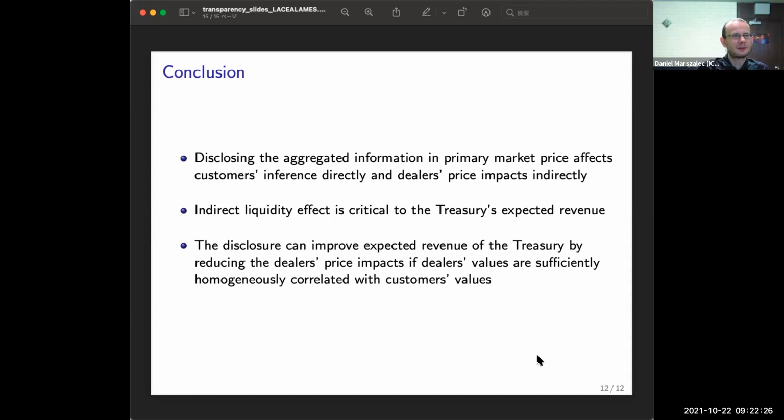I guess my question might be, if we were to look at the structures we see, the degree of disclosure that different countries or different markets have, to what extent do the characteristics of those markets fit together with the two very different predictions you have?